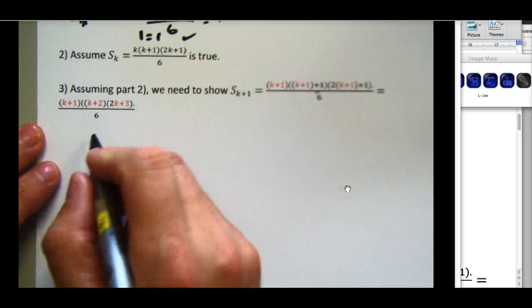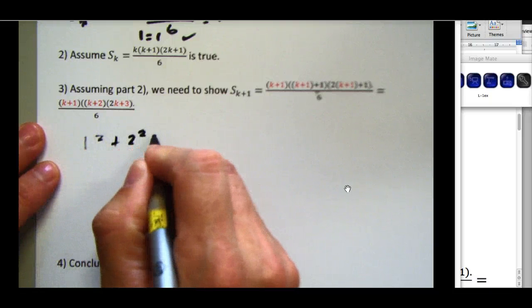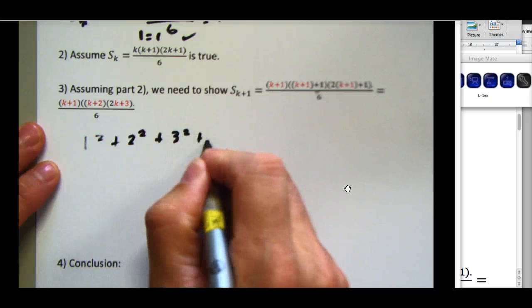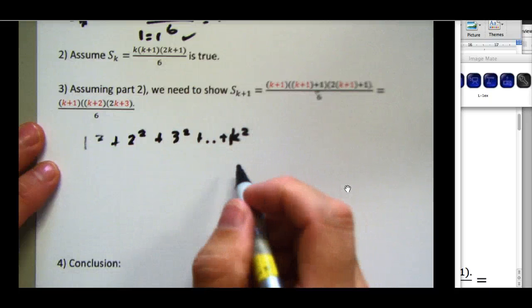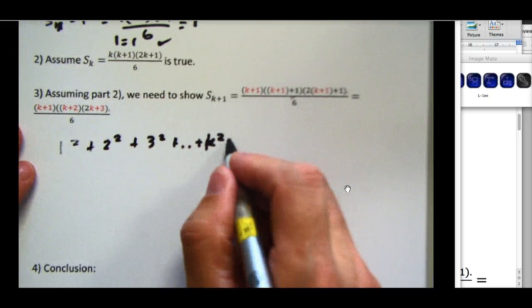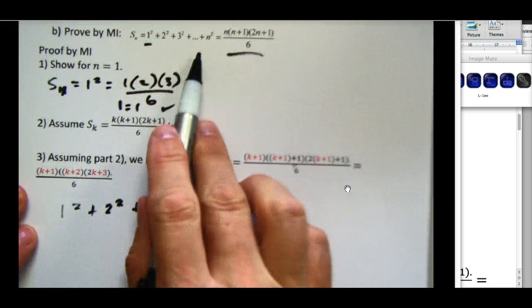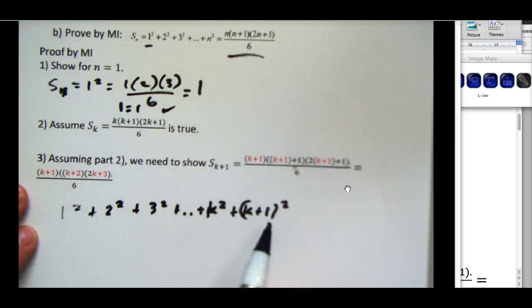So what happens is this: I have 1 squared plus 2 squared plus 3 squared. Okay, so those are the terms that I already have. I got to go one more. So I took my original, and instead of stopping here at k squared, I got to add in one more term. That's what I did there.